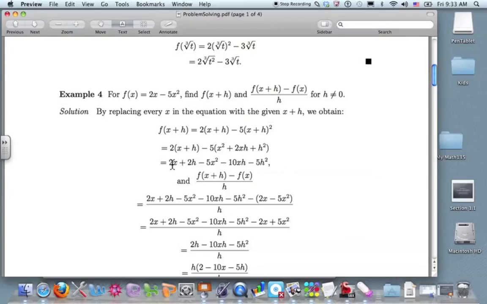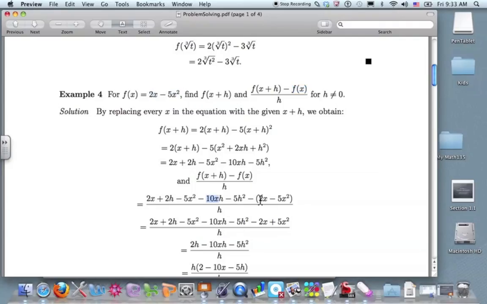Then we replace f of x plus h in the formula by the work done. So we plug in 2x plus 2h minus 5x squared minus 10xh minus 5h squared, and subtract. For the second term, f of x, we just copy this formula.